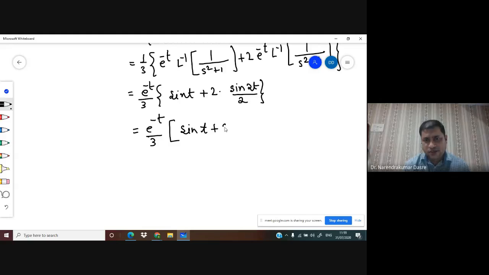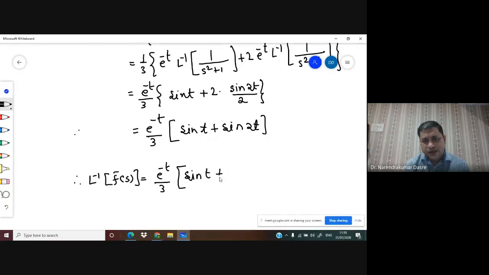This 2 will get cancelled, plus sine of 2t. So we get here the inverse Laplace transform of a bar of s is equal to e raised to minus t by 3 times sine t plus sine of 2t.